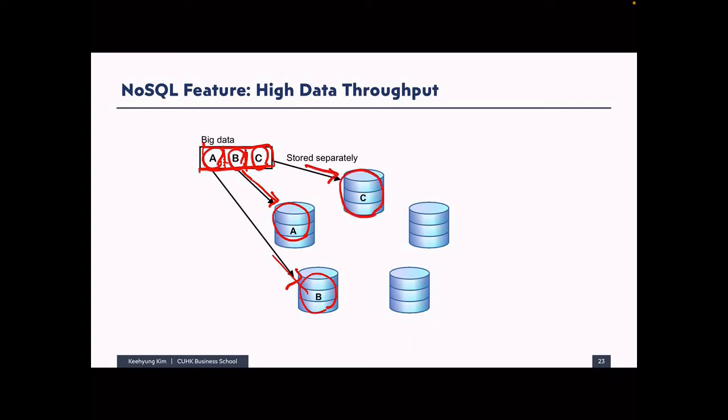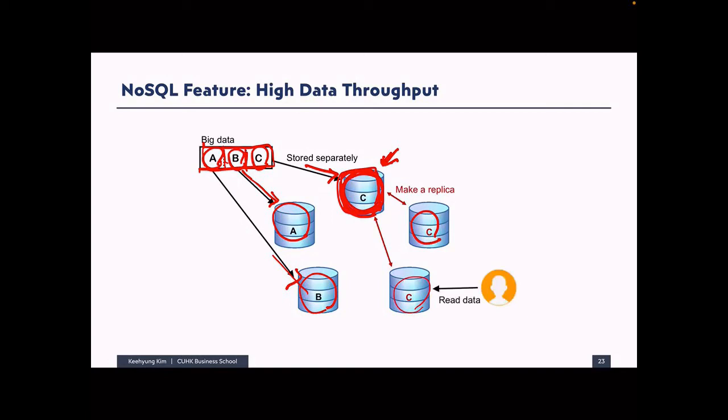And then they make multiple copies. Let's say that on the C part, many people request this data. They want to see what's there. Then this server will be very important, and this data will be requested by many people, so we make a copy. The C data copy will be stored here and also stored here.